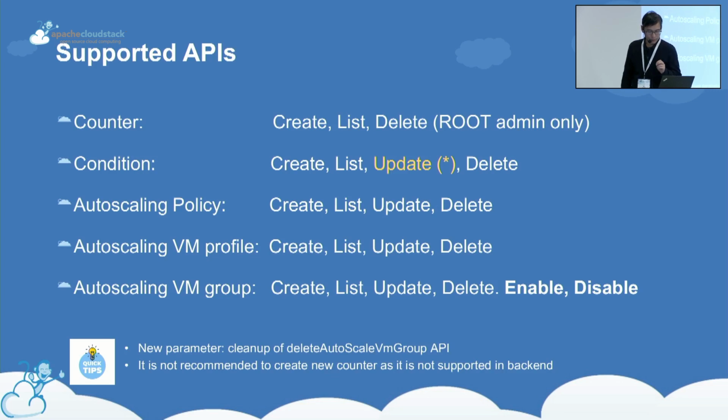And in our feature, we add a new parameter named cleanup to the delete AutoScale VM group API. For the counters, it is not recommended to create new counters because if it is not supported by the backend, it won't work.